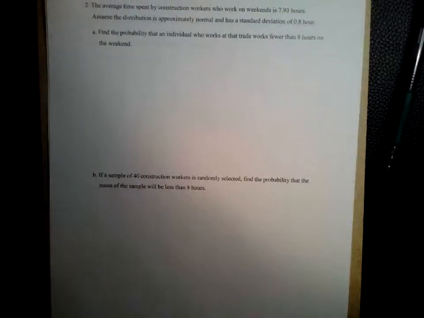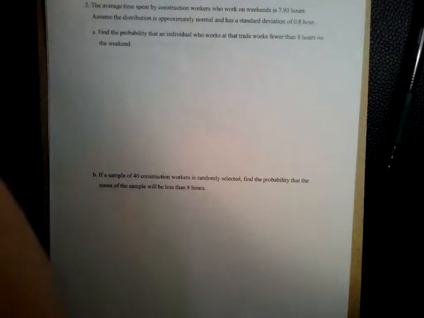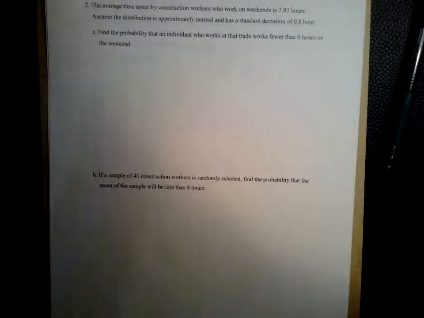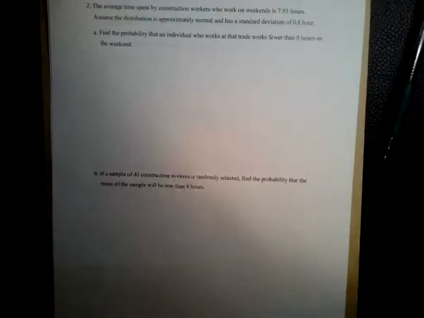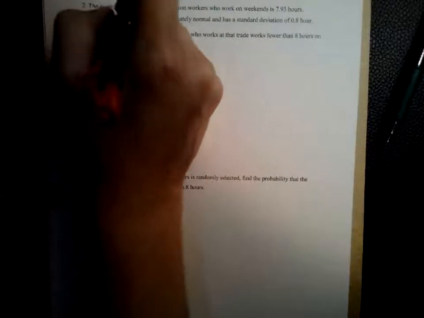It says the average time spent by construction workers who work on weekends is 7.93 hours. Assume the distribution is approximately normal and has a standard deviation of 0.8 hours. What does that mean? Here it is telling us that let x be the number of hours worked, or you can say time spent working.